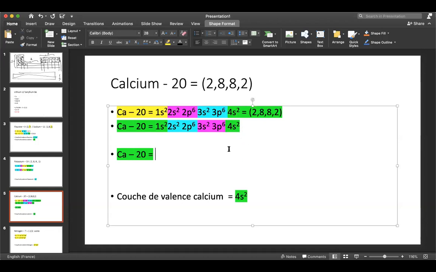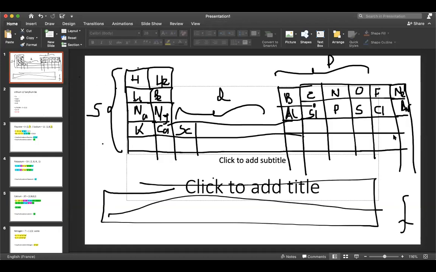On the periodic table, which element is found at position number 18? You can even use my periodic table. Which one is found at position number 18? 1, 2, 3, 4, 5, 6, 7, 8, 9, 10, 11, 12, 13, 14, 15, 16, 17, 18.